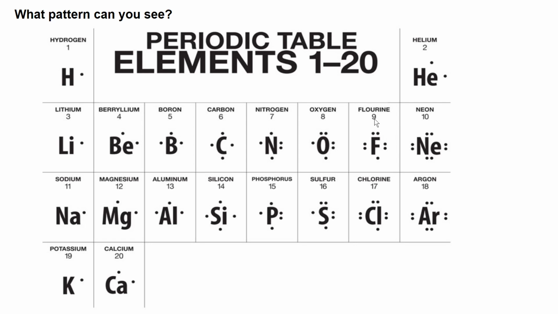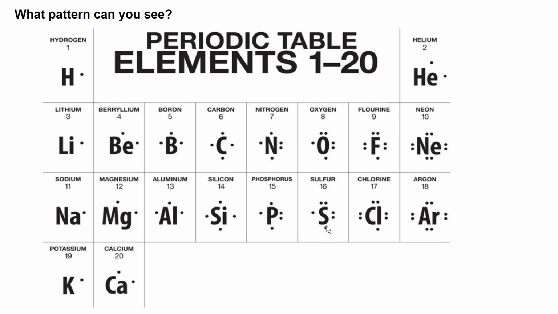We can look at this and see how many bonds atoms usually form. To work this out, we just look at the number of single electrons around the outside of them. So neon has got no single electrons, so neon doesn't form bonds. It's a noble gas, it does not form any bonds. Fluorine and chlorine only form 1 bond.